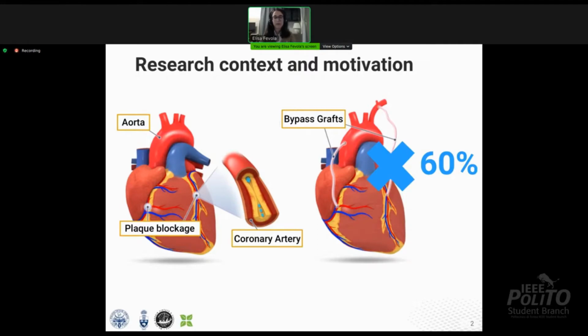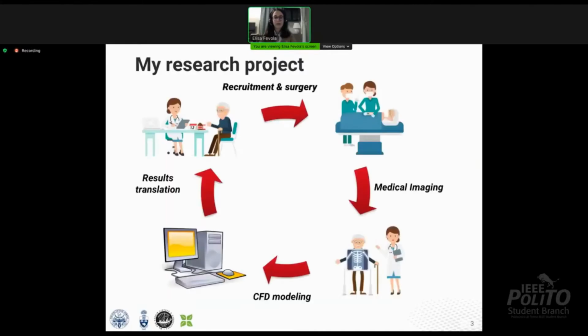play. In particular, we need to do a recruitment phase where we recruit patients, and on these patients, then some surgeons, some doctors will perform the surgery to do bypass grafting. Approximately 1 month and then 1 year after the surgery, some medical imaging is performed on those patients by radiologists, so that data are gathered and they can be sent to us, so to engineers that perform CFD modeling.